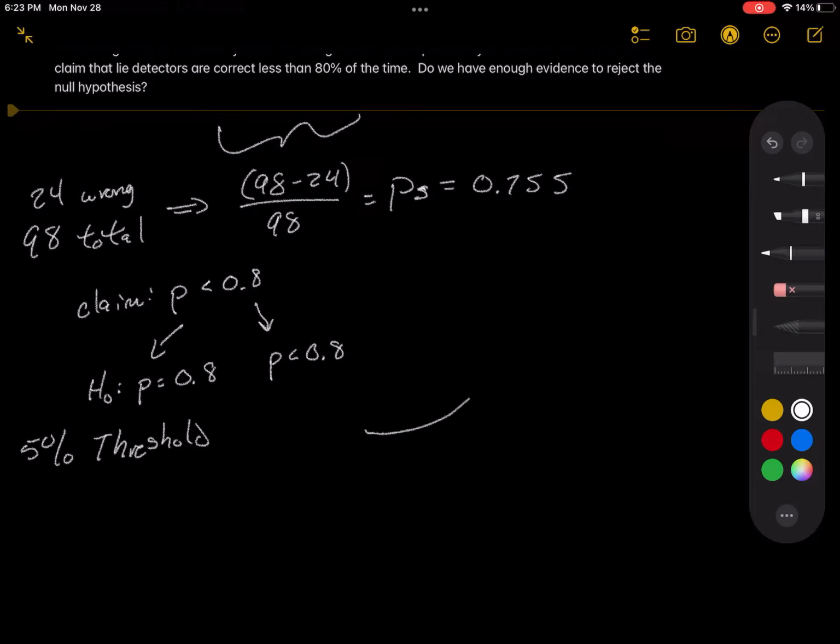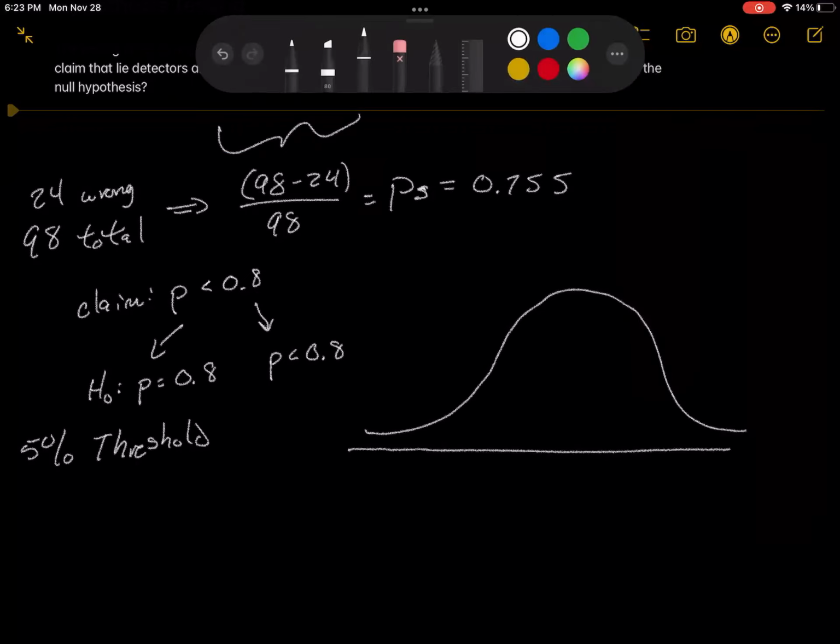So let's draw what that picture looks like. I have a normal distribution, and I'm going to center it at the null hypothesis. So I'm going to center it at 0.8. Right? If I go into this blind, I'm thinking, okay, well, the proportion of correct results is 0.8.